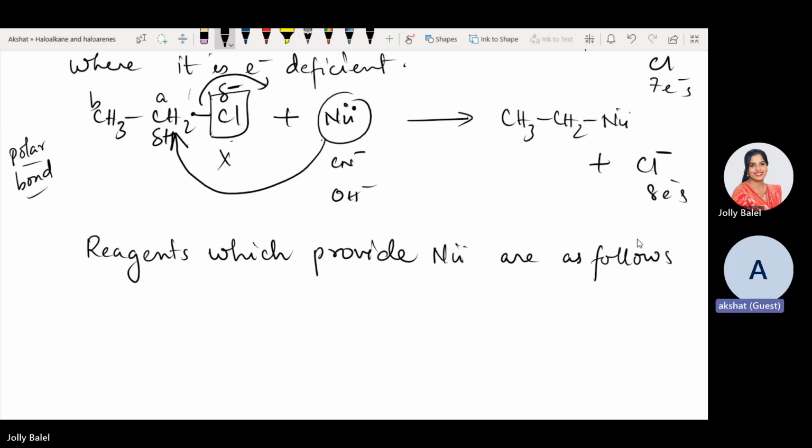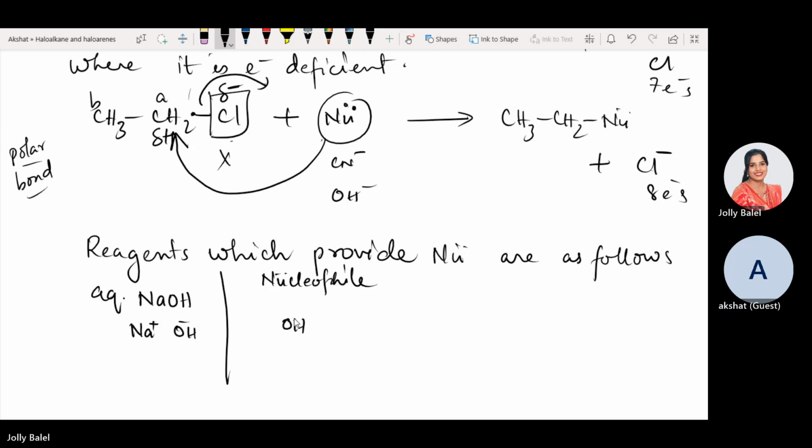Here it is not mentioned aqueous, but you need to use the word aqueous, because alcoholic KOH or NaOH gives other products. If it is aqueous NaOH, we can associate it as Na plus and OH minus. So which one will be your nucleophile then? OH minus.